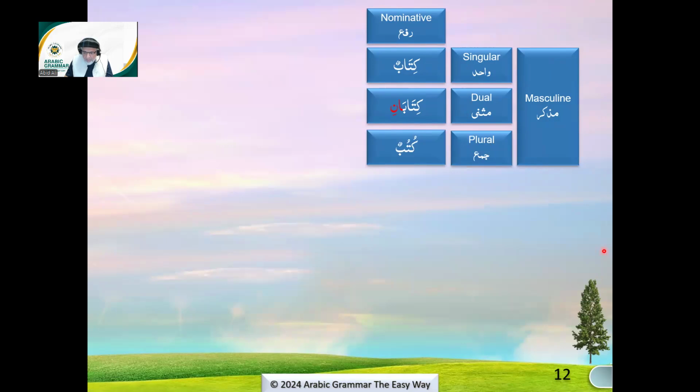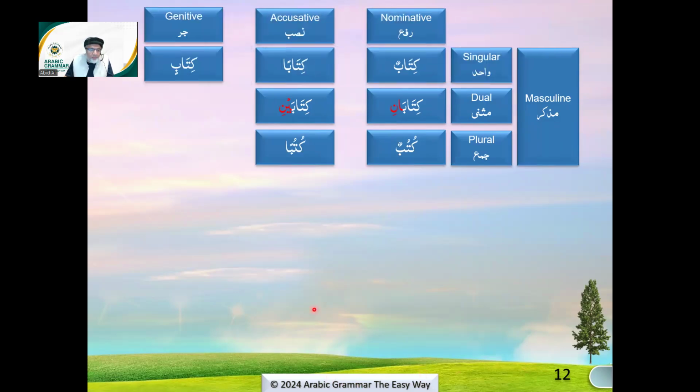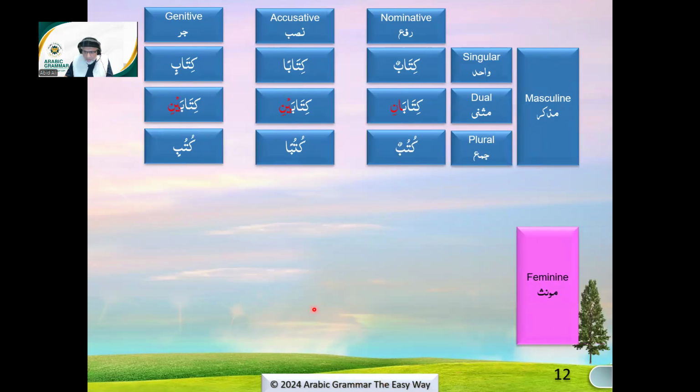This is an example of a broken plural. The Nasab is kitaban, kitabaini and kutuban, because this is the Mukassar. And Jar will be kitabin, kitabaini, and kutubin. Inshallah, this should be very clear now.